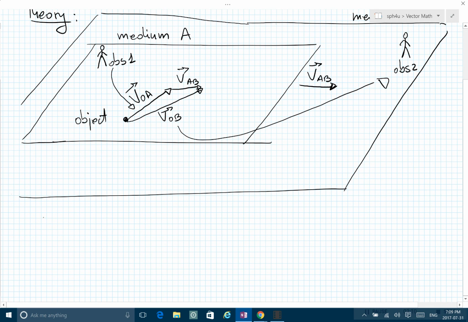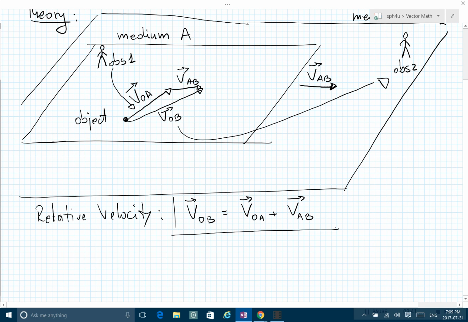In general, the relative velocity, the velocity of the object with respect to a second medium, is the vector sum of the velocity of the object with respect to the medium where it is moving plus the velocity of the first medium with respect to the second medium.